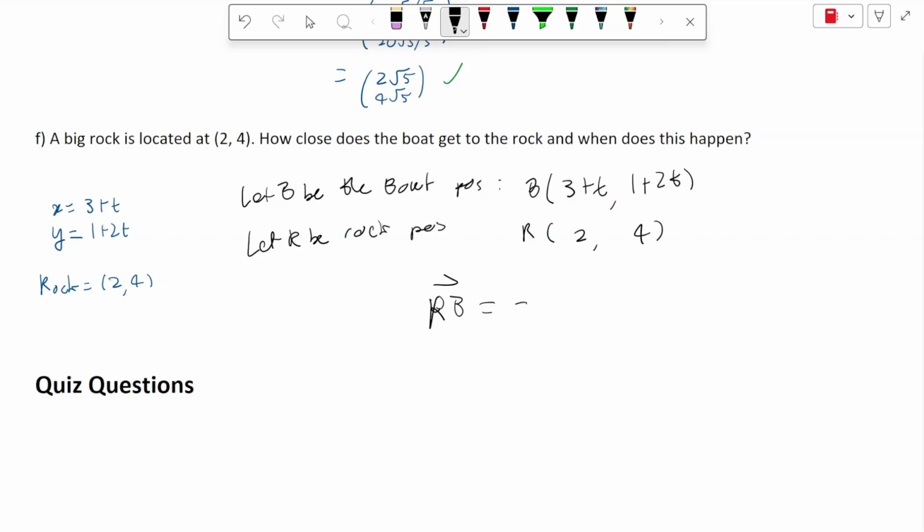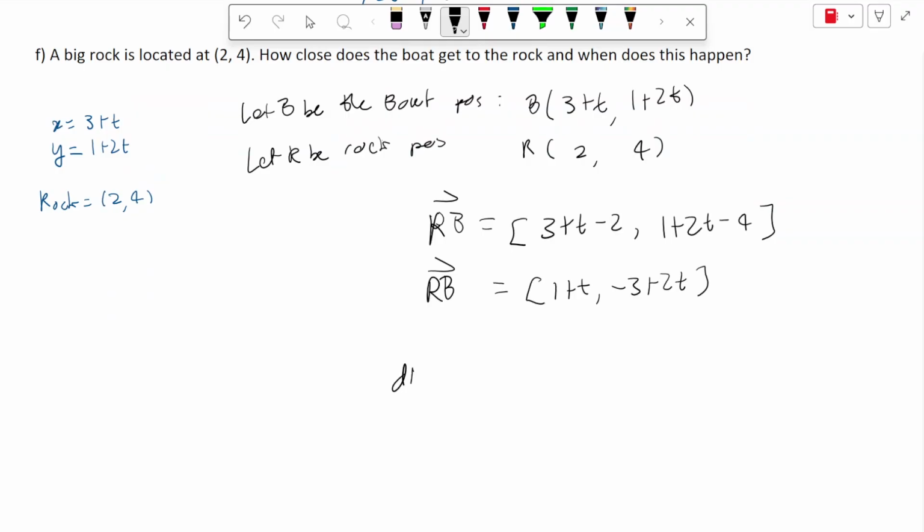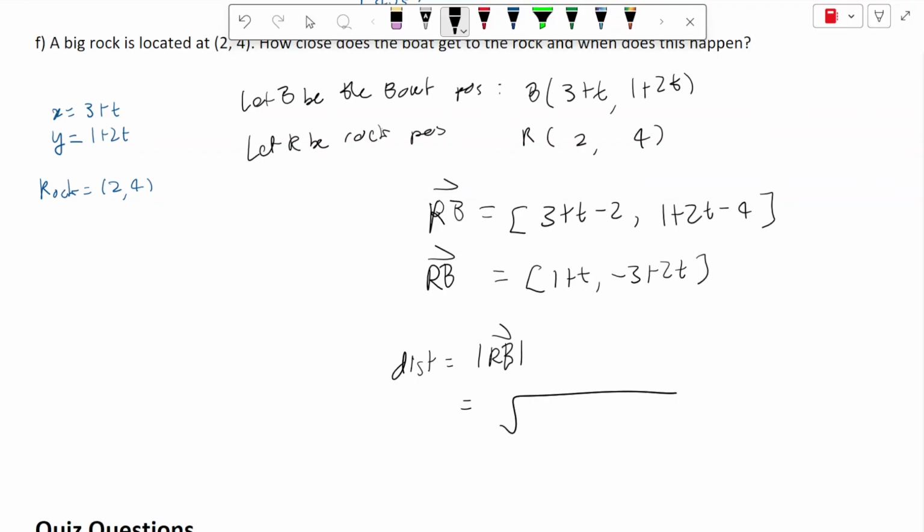So that is going to be 3 plus t take 2 and 1 plus 2t take 4. Okay, so that's going to be 1 plus t, and then it's going to be minus 3 plus 2t. So that is RB. And if we want the distance, so distance is mod RB. So the distance there is going to be square root of 1 plus t squared and minus 3 plus 2t squared.